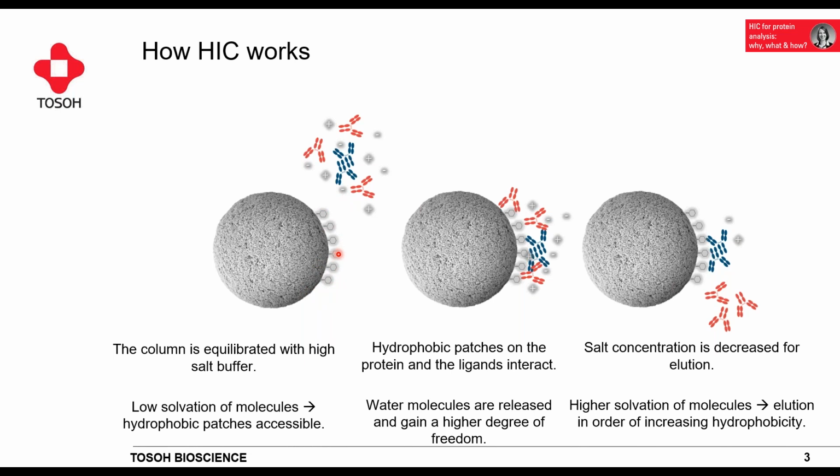It is accessible, so both hydrophobic parts of the protein and the stationary phase can interact, and we have binding of our molecules. Now, in order to elute our hydrophobic molecules again from the column, we simply reduce the salt concentration. That means we get solvation of the stationary phase and of the hydrophobic parts of our molecules, and thus we don't have the interaction anymore between those hydrophobic parts, and we will get elution.